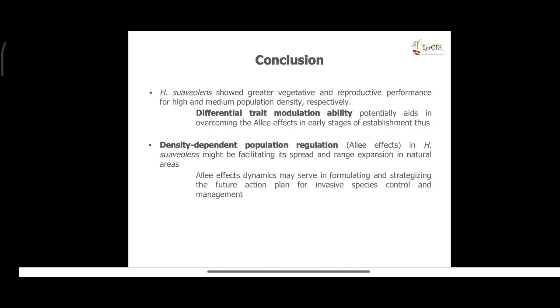So to conclude my study, I would say that differential trait modulation ability of Parthenium potentially aids in overcoming the early effects, and also early effect dynamics may serve in formulating the future management scenario for invasive species control in natural areas.